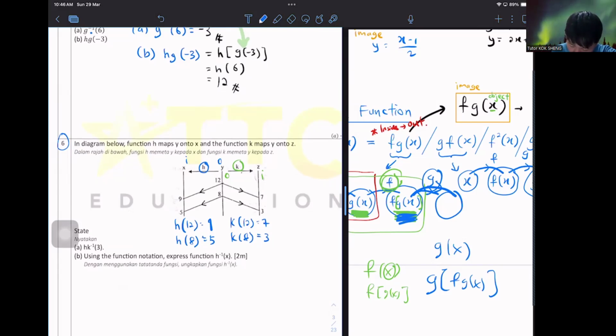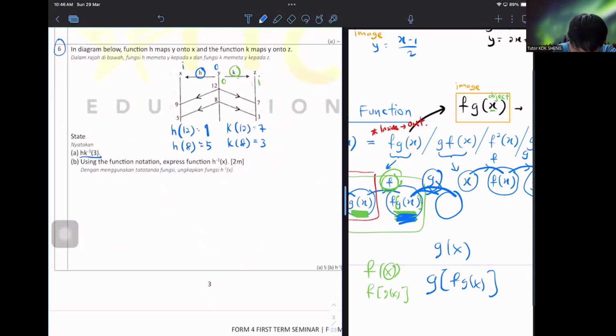Let's start A. State hk inverse of 3. So composite again, inside out. K inverse of 3 is inside. K inverse is not here, but you know k inverse and k are related, opposite direction.